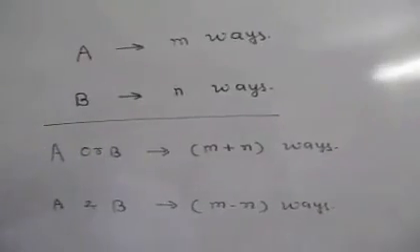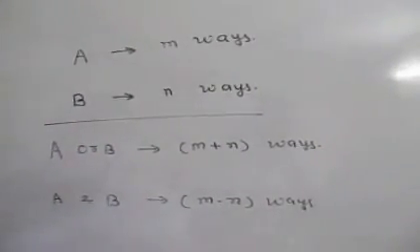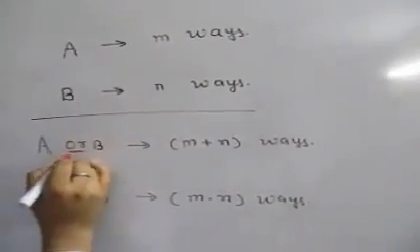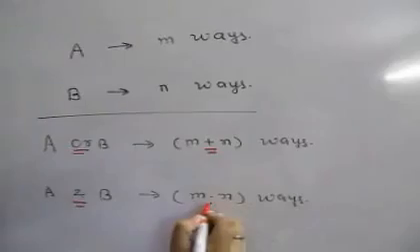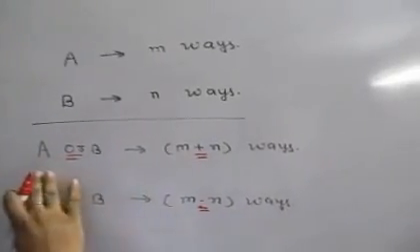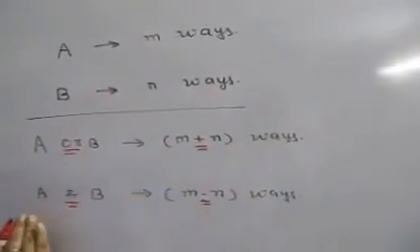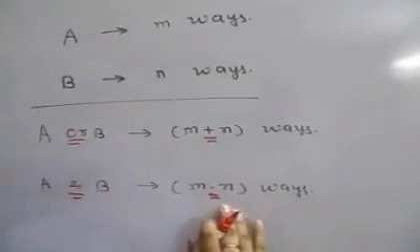Here the distinguishing factor is "or" and "and". Or means plus sign and "and" means multiplication sign. This is called the fundamental principle of addition and this is called the fundamental principle of multiplication.